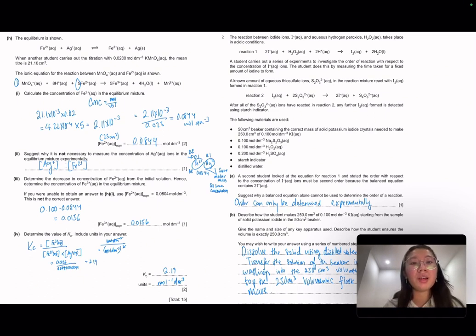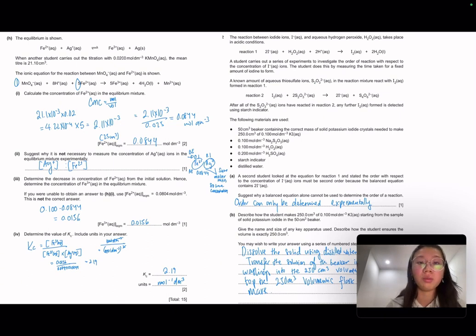Alright, determine the value of Kc. This is where you plug in the equation that was given initially, in the first part of the question. I can't exactly go back because then I would have to go through the animations again, but that was given, and you just plug in the concentration values because obviously from the previous questions you already found them.